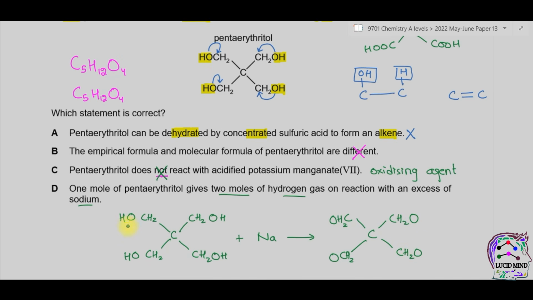So instead of this, the hydrogen atom is replaced by sodium, and we have Na positive attached. Now we can see 4 hydrogen atoms are lost. So if we write in terms of hydrogen molecules, then we can balance by writing 2, so then it will become 4 atoms. So we can see 2 moles of hydrogen gas are released. So this part is correct. The answer is therefore D.